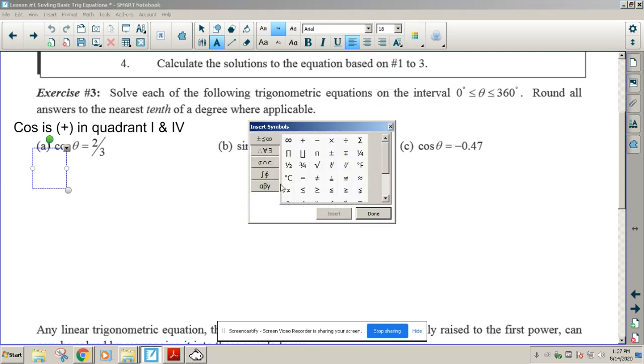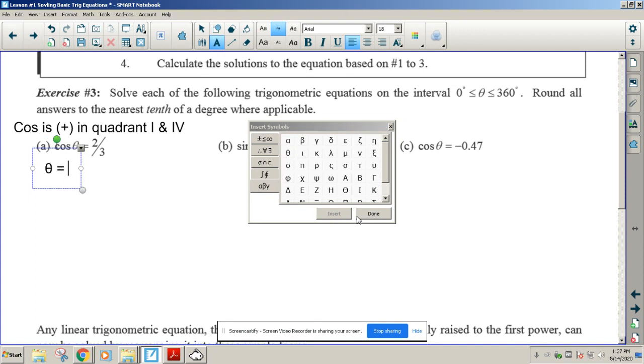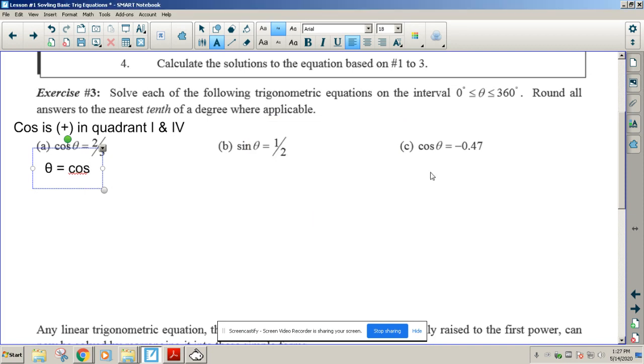So theta is going to equal cosine raised to the negative first power, the arc cosine, of the fraction 2/3. And that's going to give me my reference angle.